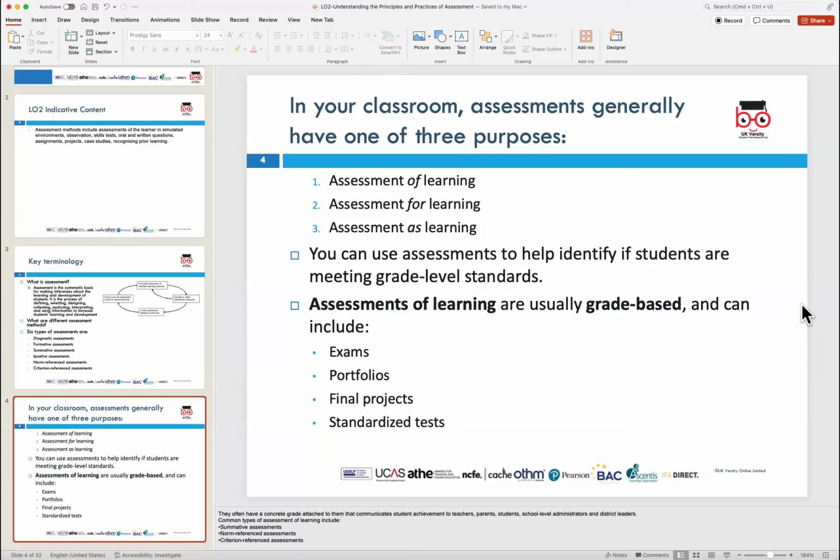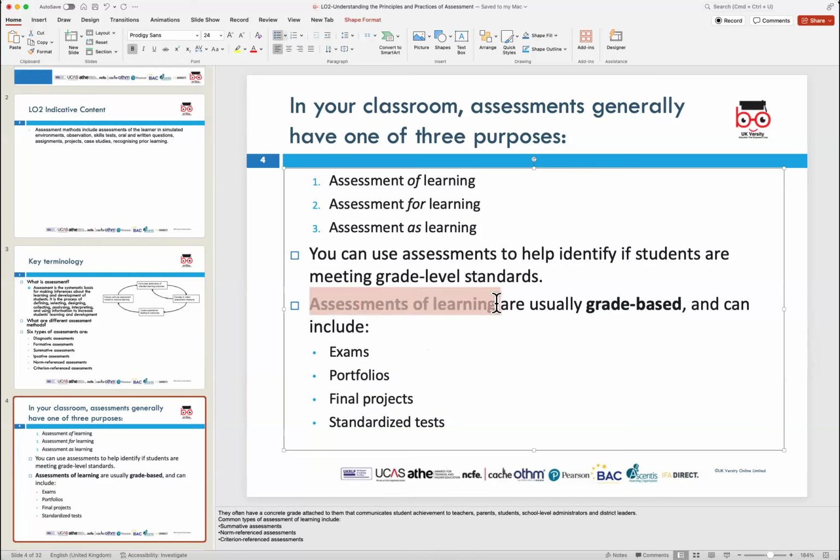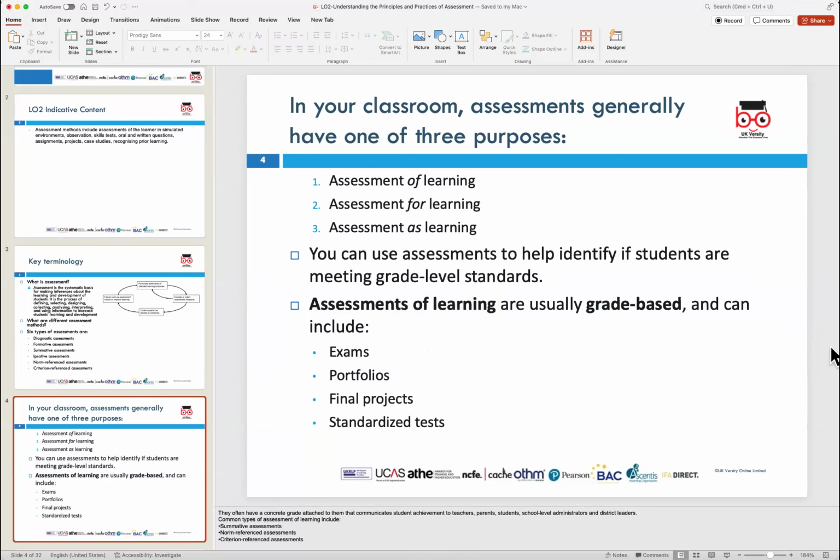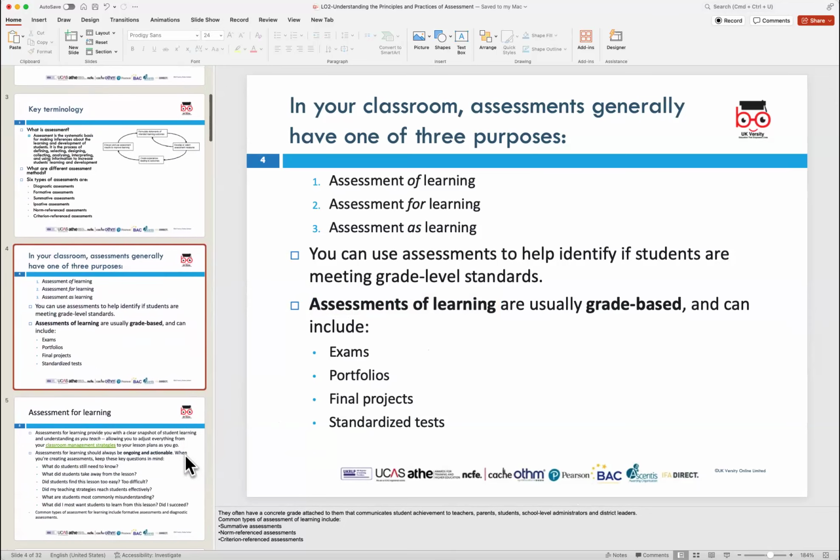Now, these are typically graded, and here the idea is to communicate your achievement to anybody who's related to you, like parents, teachers, school authorities, and that is where this process of assessment of learning would happen. In assessment of learning, we generally have three different types of assessment, or methods which could be used to design the form of assessments that students undergo. They could be summative assessment, norm reference, and criterion reference assessments.